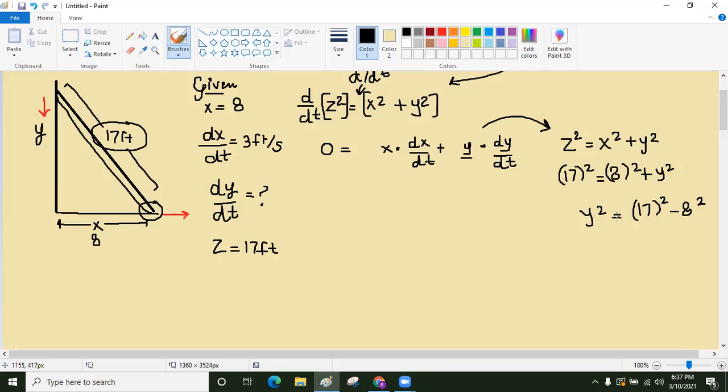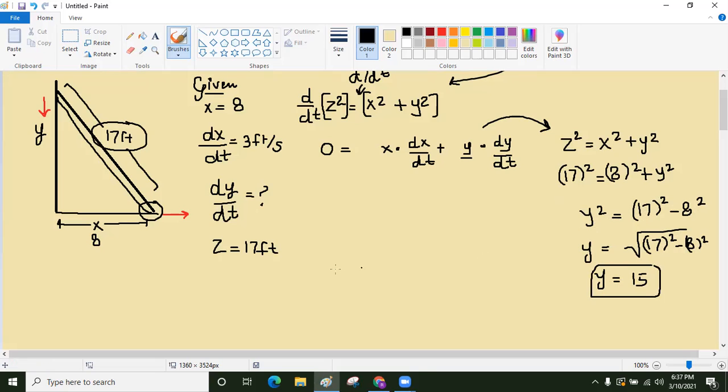And the idea is thus to isolate y into being a single variable. So we would get 17 squared minus 8 squared. And we would actually get y to be 15.